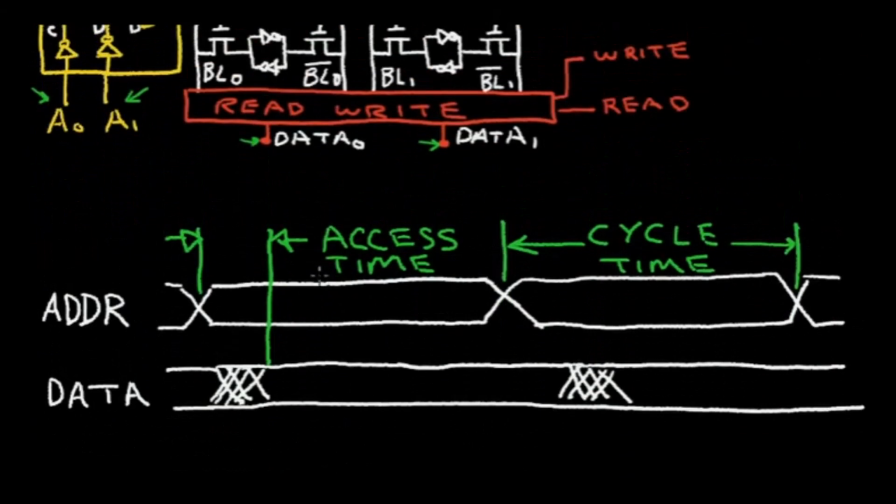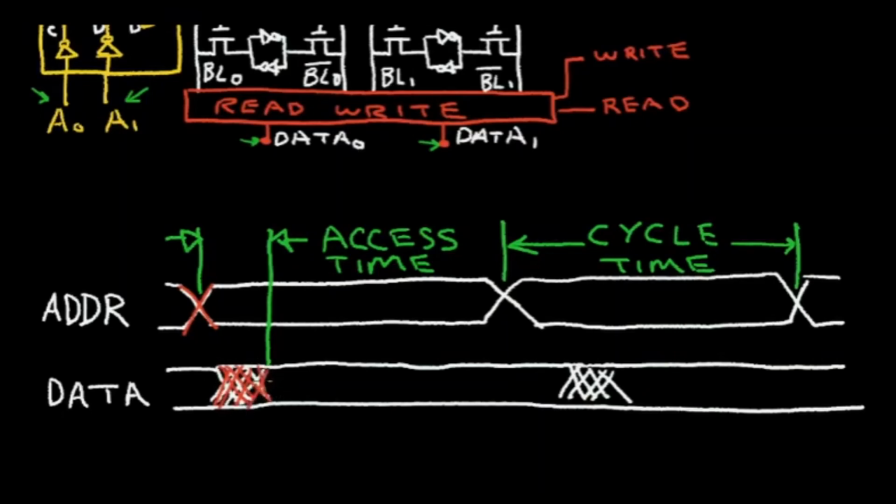The top waveform shows the address input. And my address is allowed to change at this time here. And when my address changes, I'm then reading my data, for example, during a read cycle. And my data could come out at this time or a little later time.